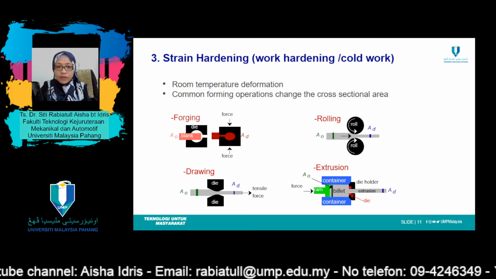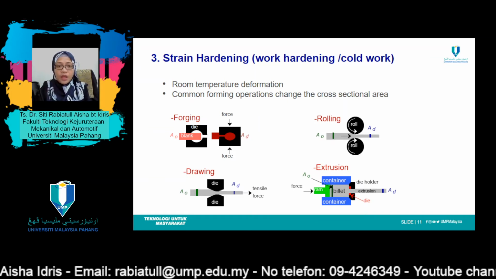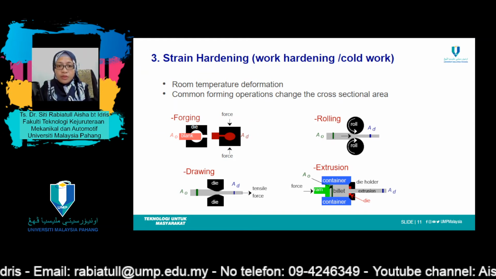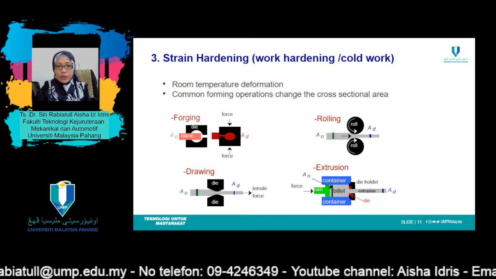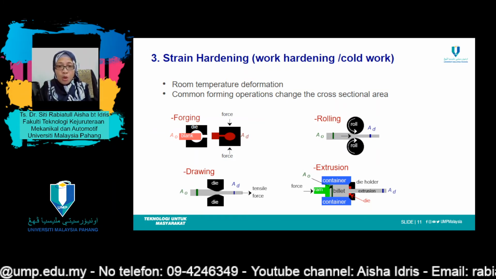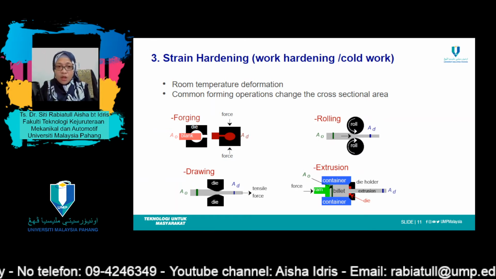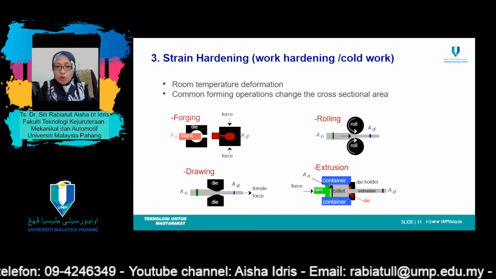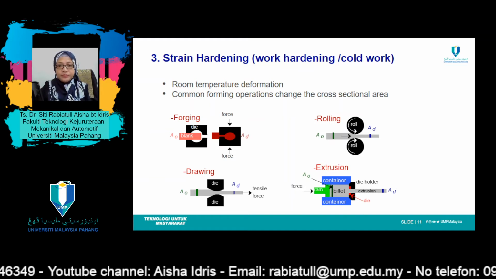For example, a solid solution strengthened alloy may also be strain hardened. It should also be noted that the strengthening effects due to grain size reduction and strain hardening can be eliminated or at least reduced by an elevated temperature heat treatment. On the contrary, solid solution strengthening is unaffected by heat treatment.